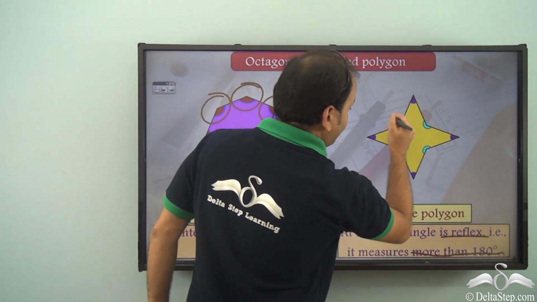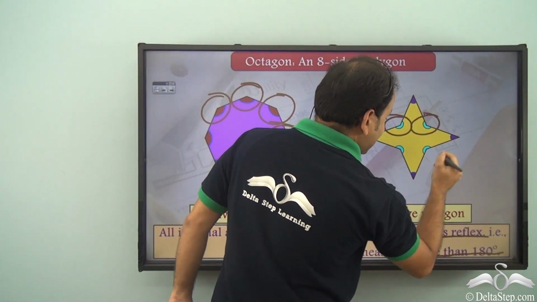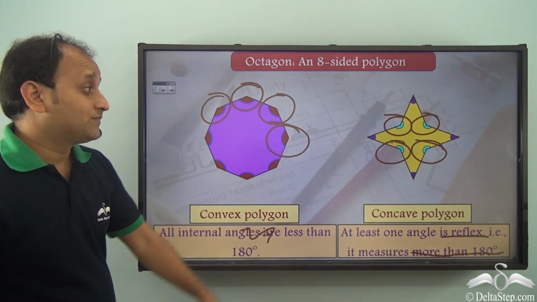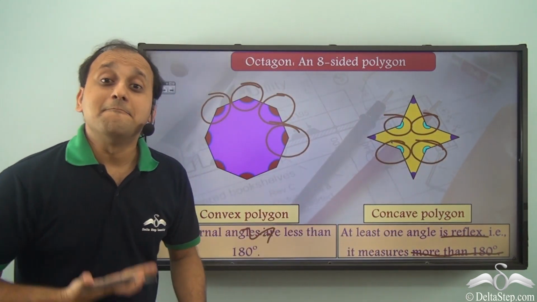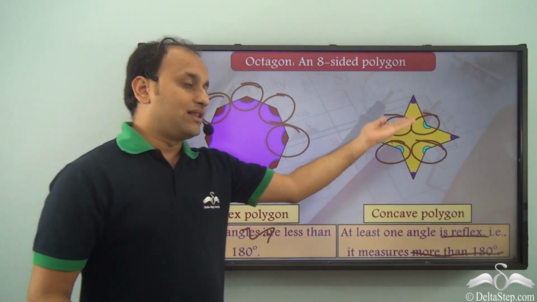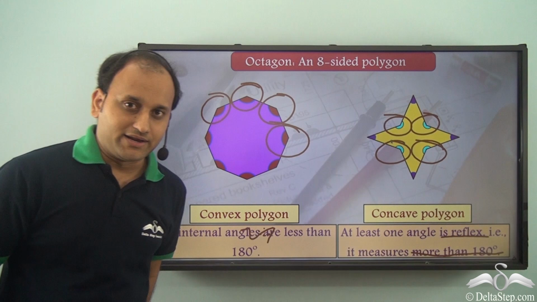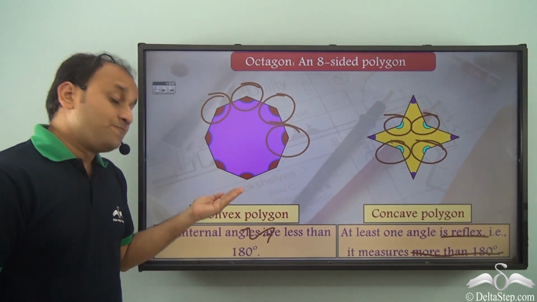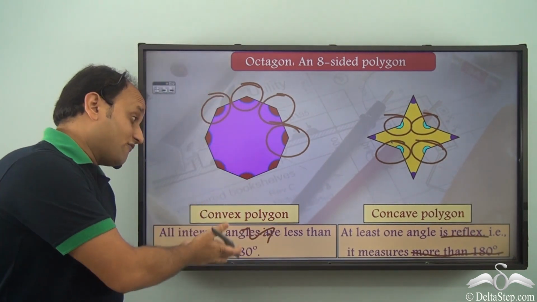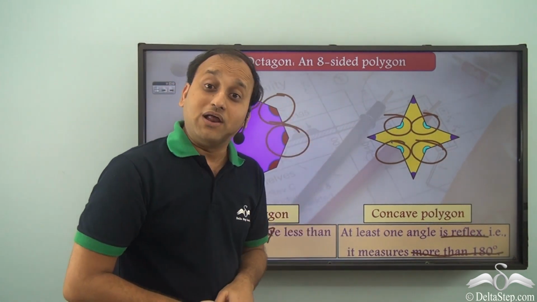So here we have this angle, this angle, this and this angle, and all the 4 are more than 180 degrees. And that is the reason why I call this one a concave polygon while I call this one a convex polygon.